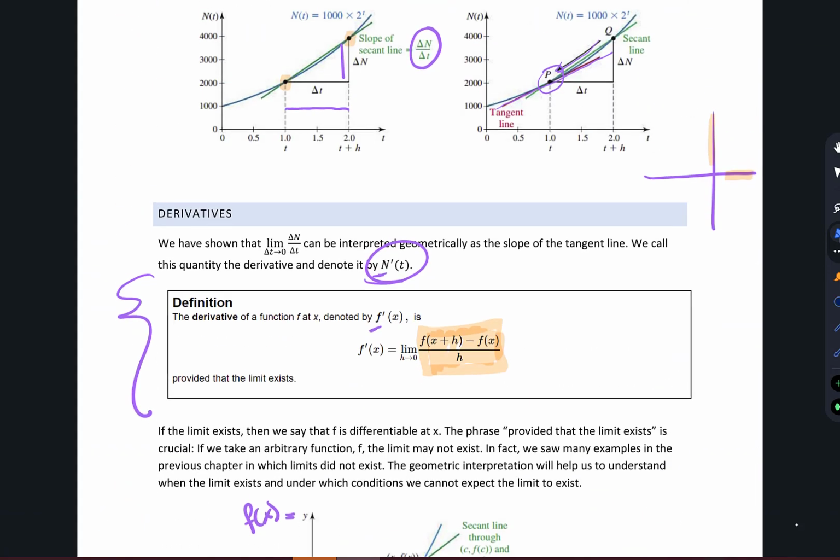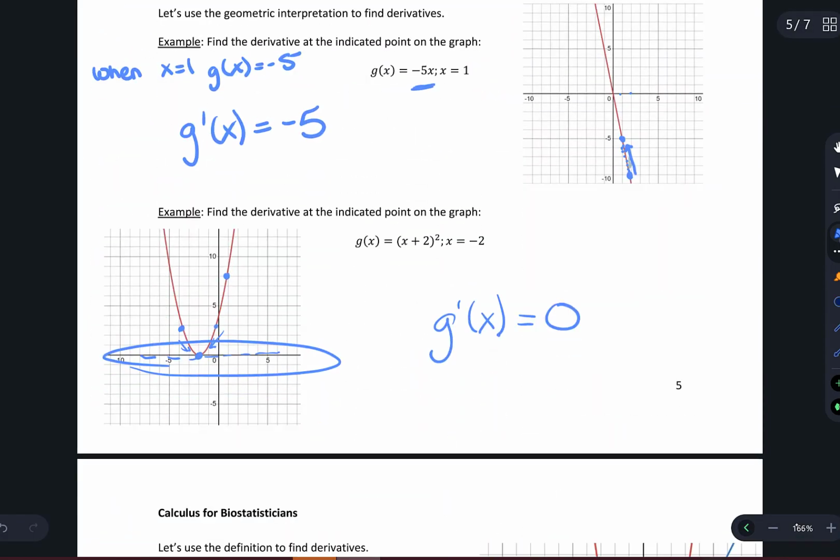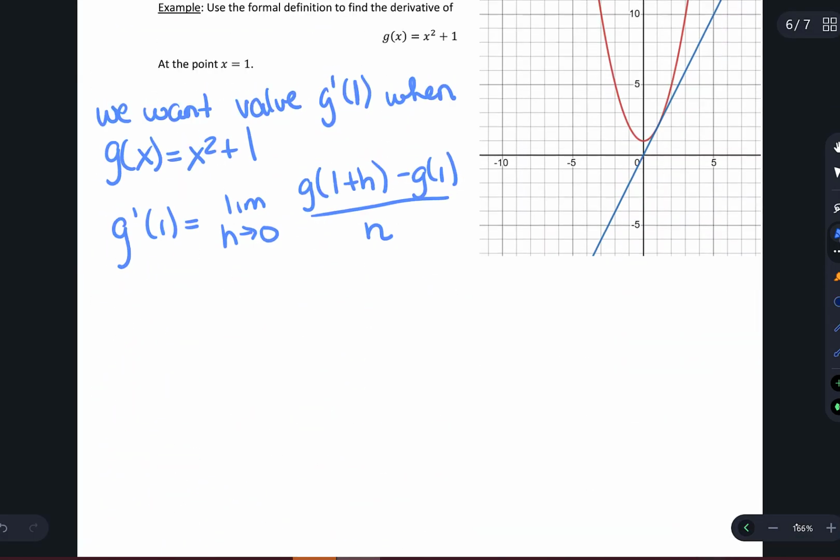I'm pulling that straight from here. The only difference is that notationally I've used g to denote the function instead of f, and we're interested in the point when x is equal to 1, so I've substituted a 1 in for the x. But other than that, it's a direct application of that definition.